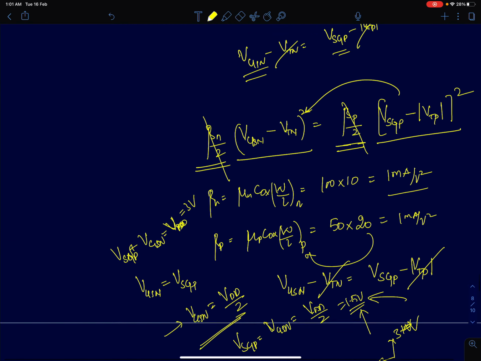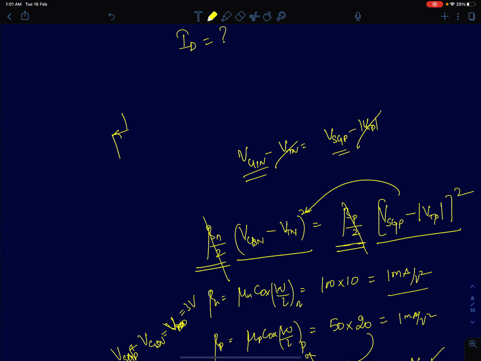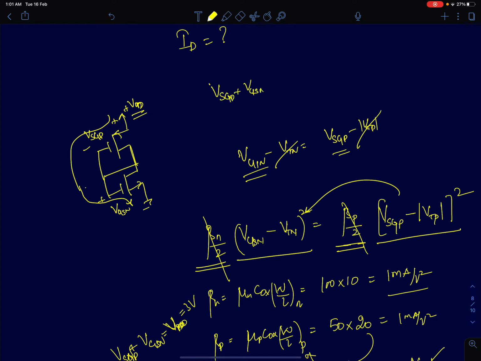Now if you look at this device, the gate to source voltages of the NMOS and PMOS are the same. So you have VDD here. This is VSGP and this node voltage is VGSN. If you apply KVL in this path, VSGP plus VGSN should be equal to VDD, and we said they both are equal.